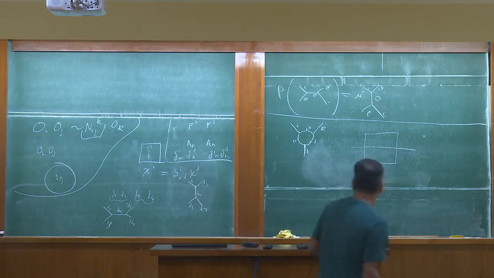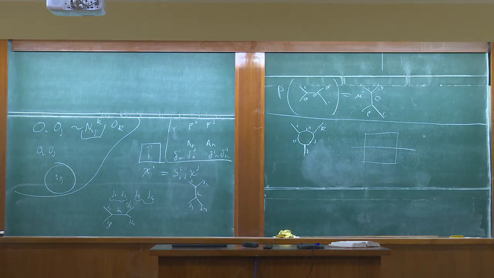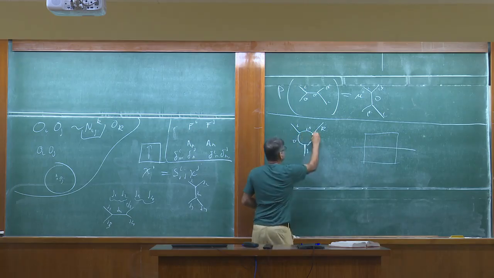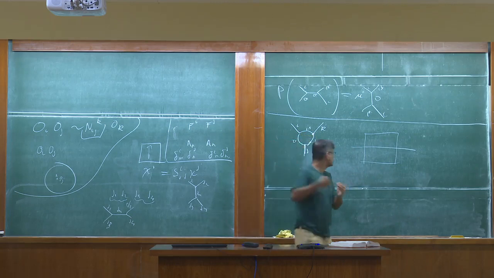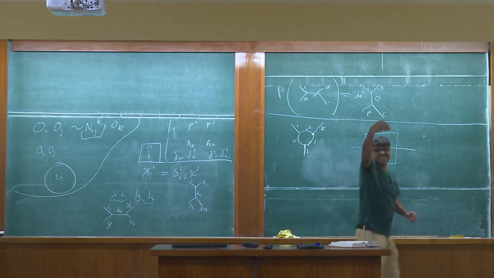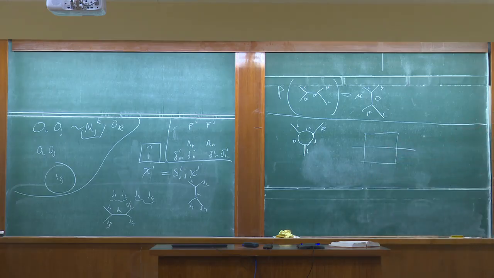So what we mean by a J in the middle is that between the insertion of k here and the insertion of this J, the state that runs, we demand, is in the primary and descendant level J. There we demand that it's 0 running and so on.